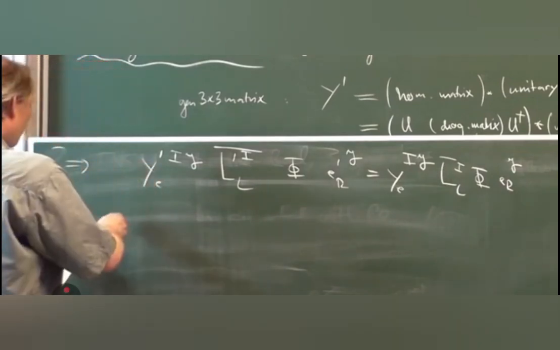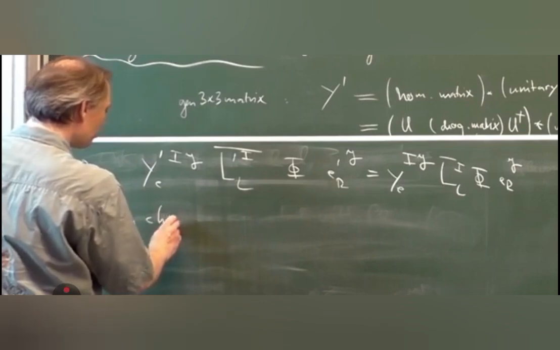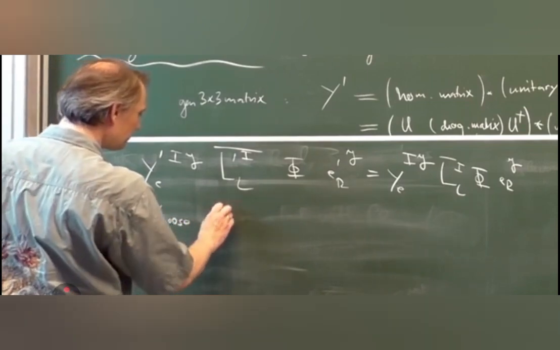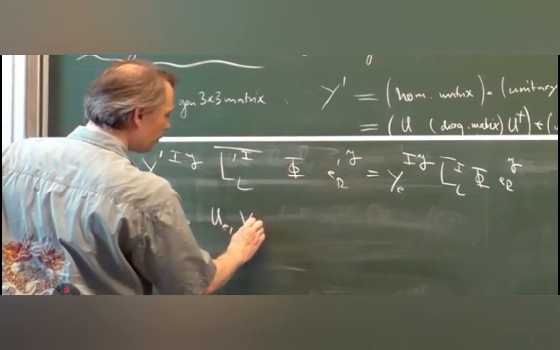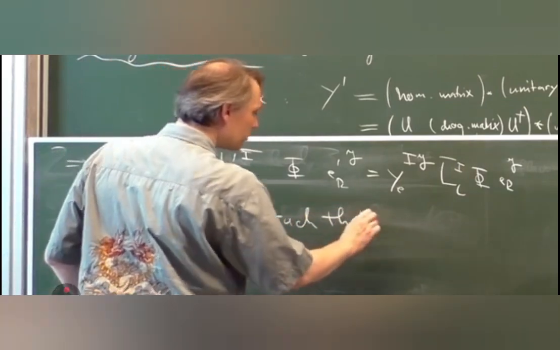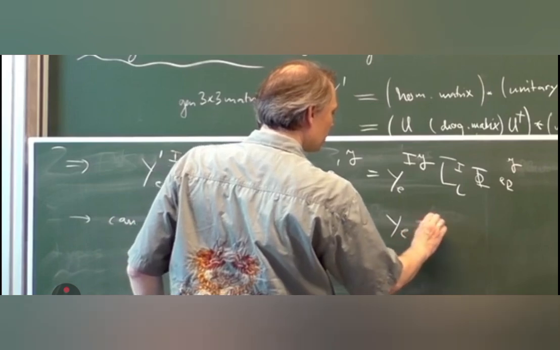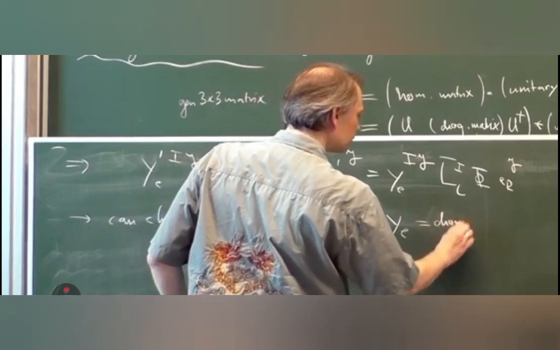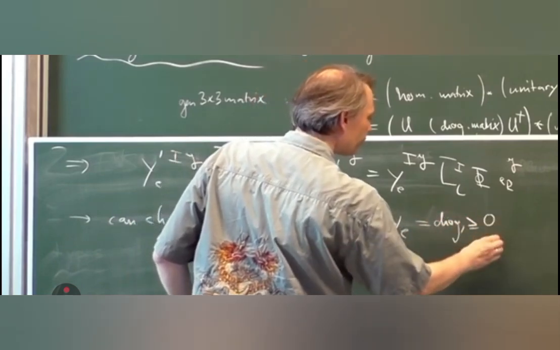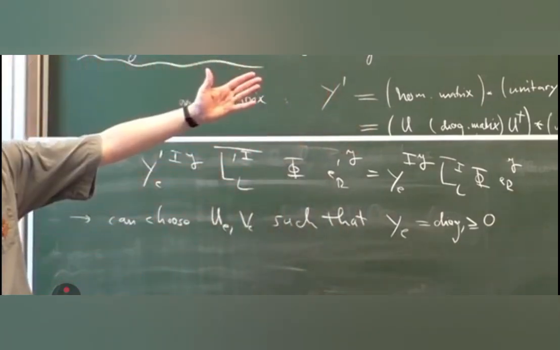And the point is, we can choose the matrices UE and VE such that the new Yukawa coupling YE is a diagonal and non-negative matrix, because of the singular value decomposition.